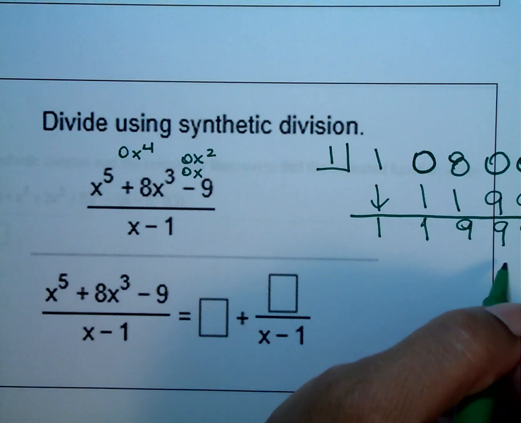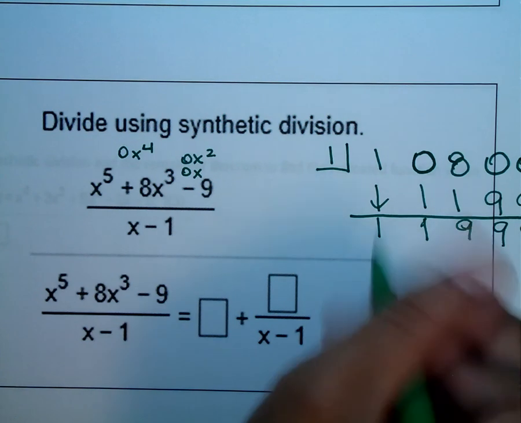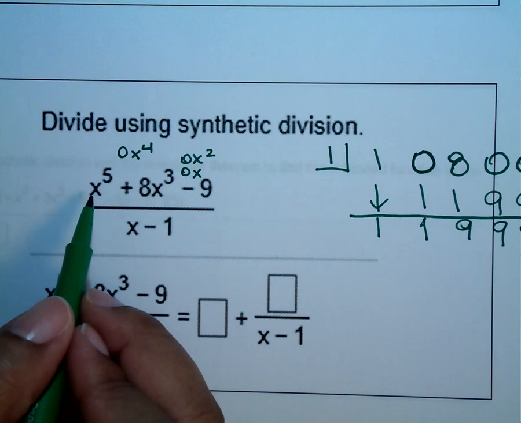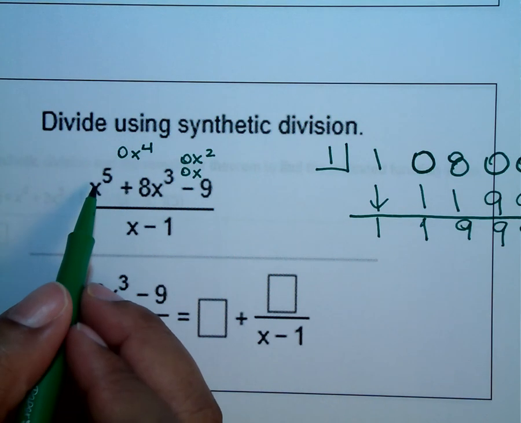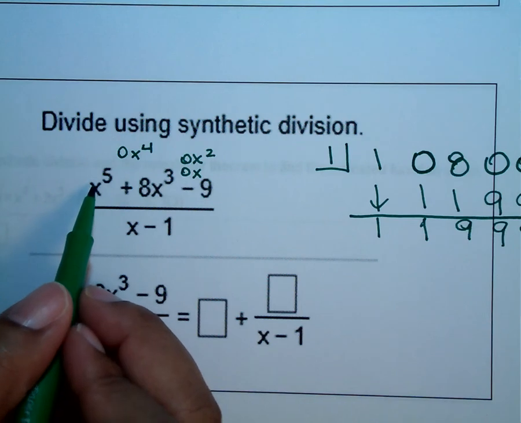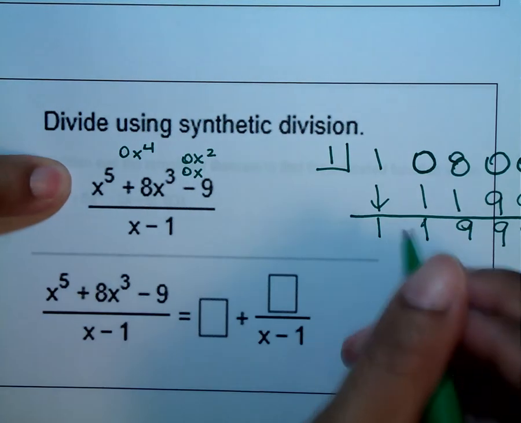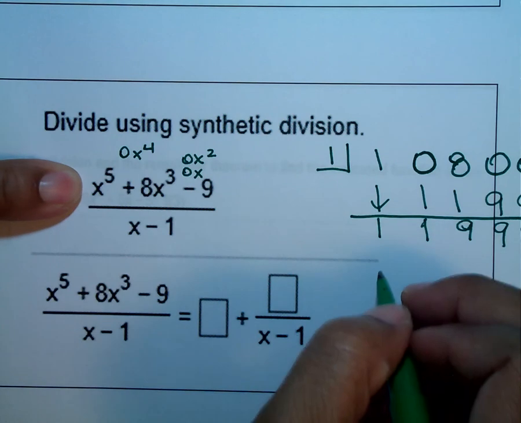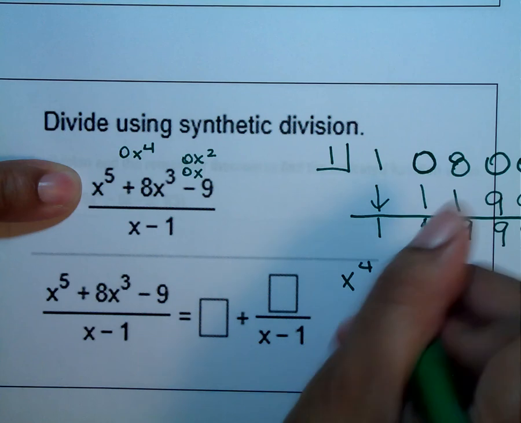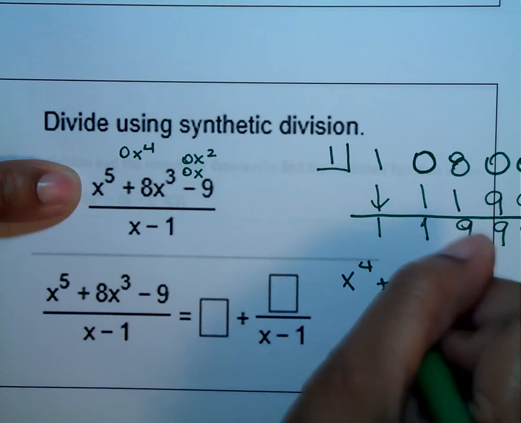Nice. So now when I write my answer, because the power of this whole polynomial was 5, x to the 5th, I have to start off with 1 less. So instead of having x to the 5th, I can start off with x to the 4th. So I got 1 x to the 4th, then that's a positive 1 x cubed.